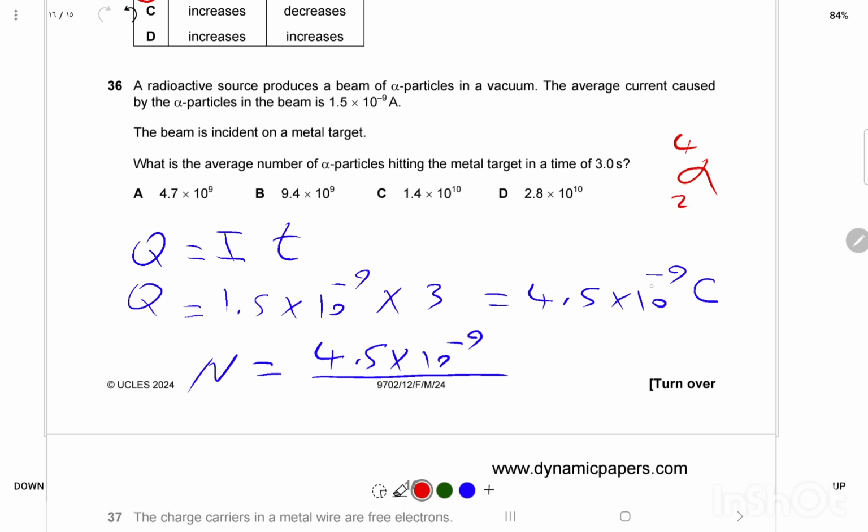That's alpha. So 2 protons, the charge of 1 proton is 1.6 times 10 to the power of minus 19, times 2. So 2 times 1.6 times 10 to the power of minus 19. If you do the calculation, you get option C as the correct answer.